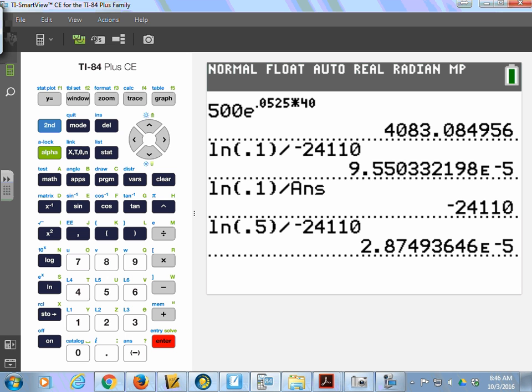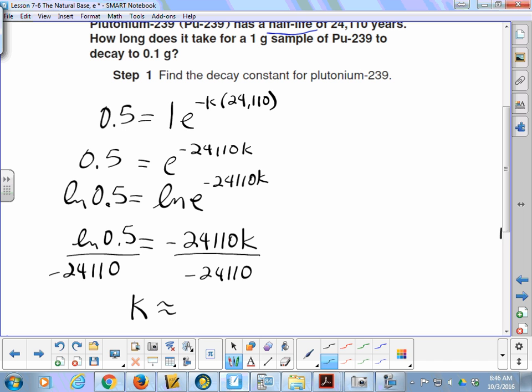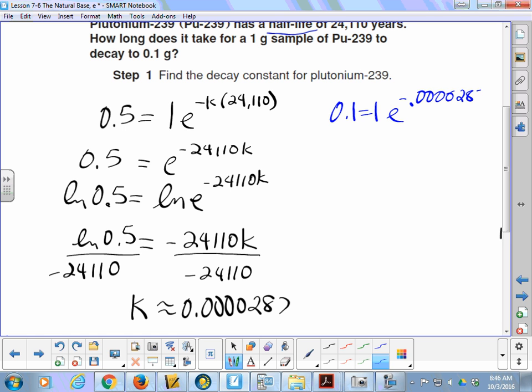So it's 287 instead of 955 as our number. So 0.1 now. All right, that makes more sense.